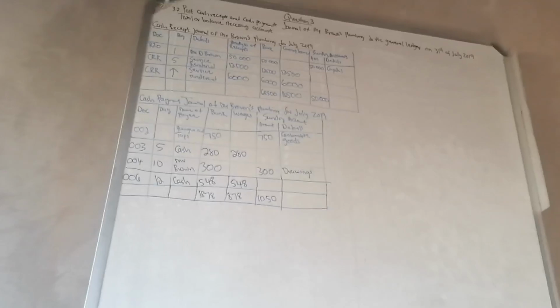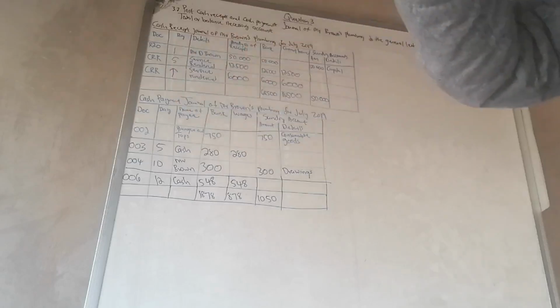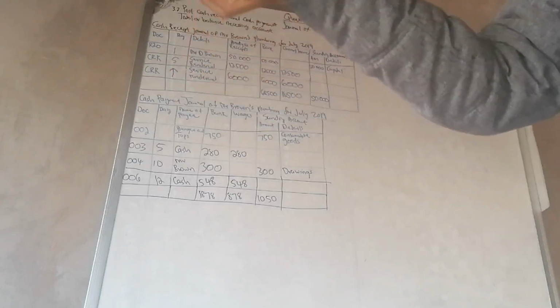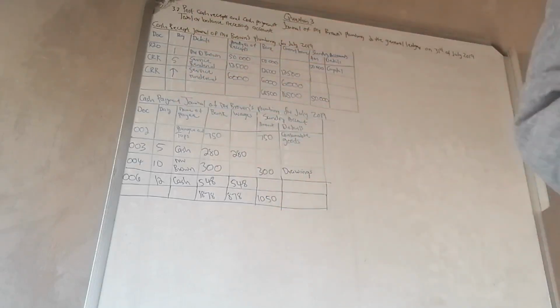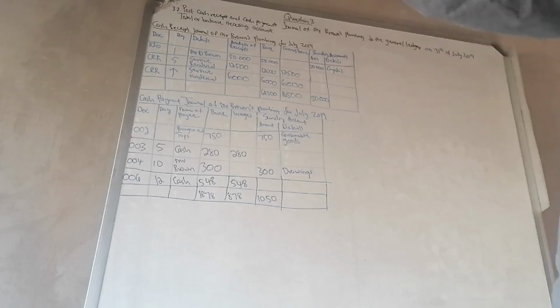Cash payment journal: all the transactions that were made via check, and those transactions were made against the business. Money went out of the business via check. That one is recorded in a cash payment journal.